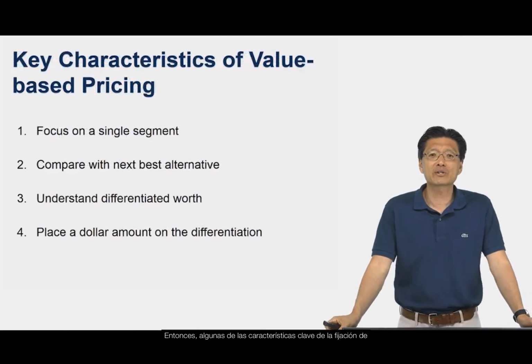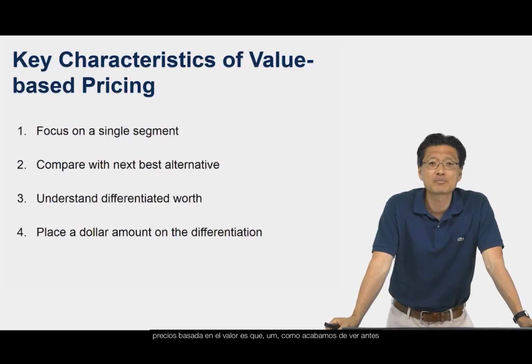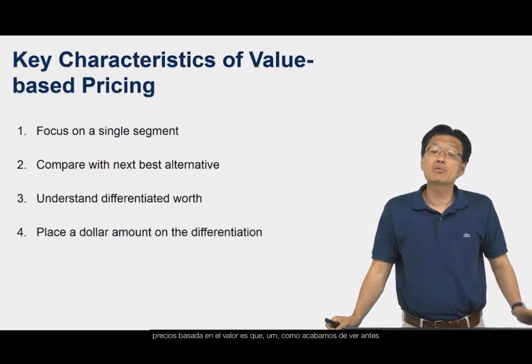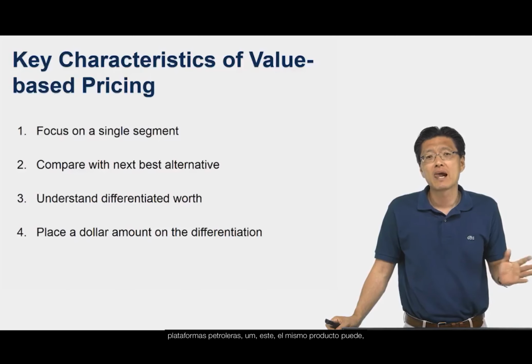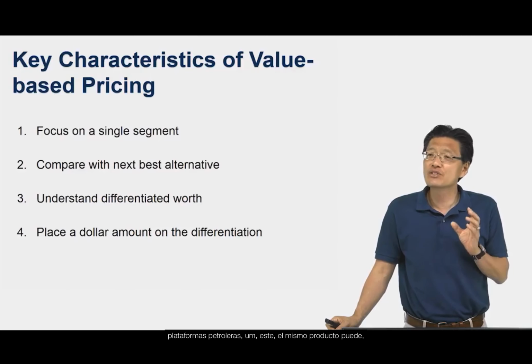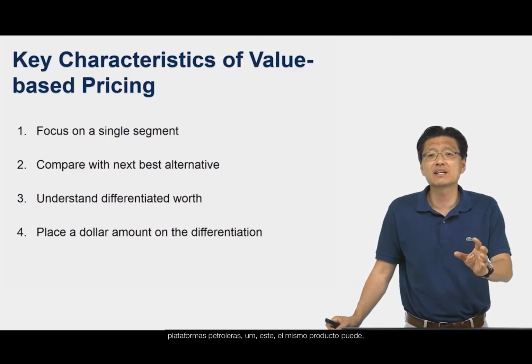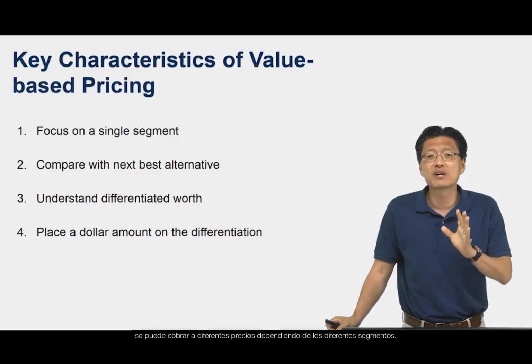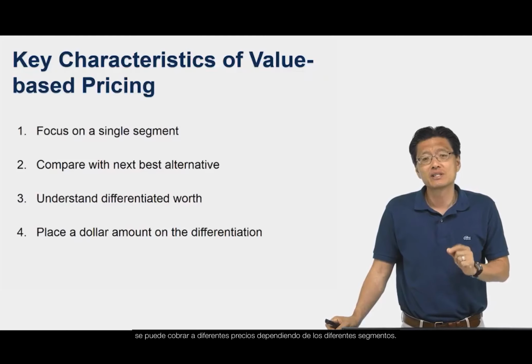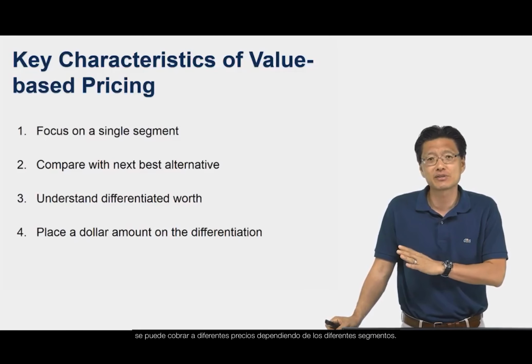So some of the key characteristics of value-based pricing is that, like we just saw before, between the toy maker and the oil rig company, the same product can be charged different prices depending on different segments.